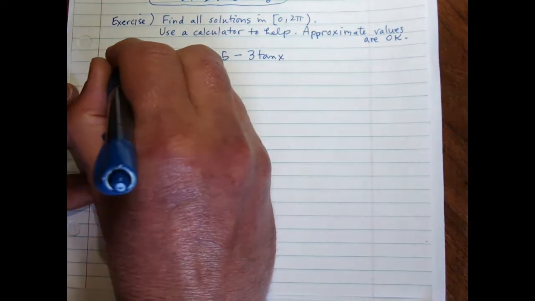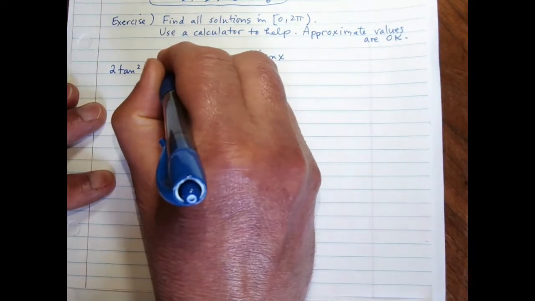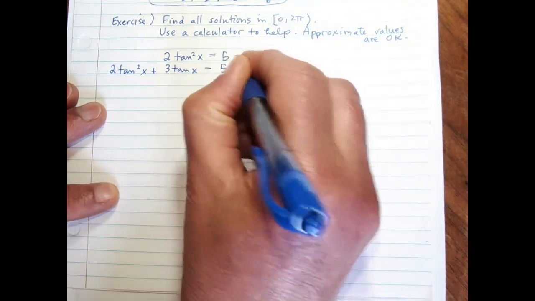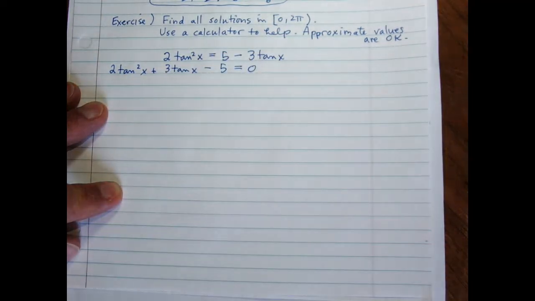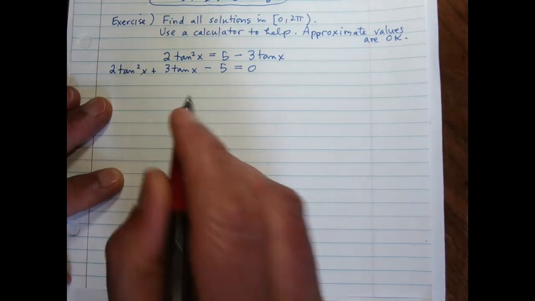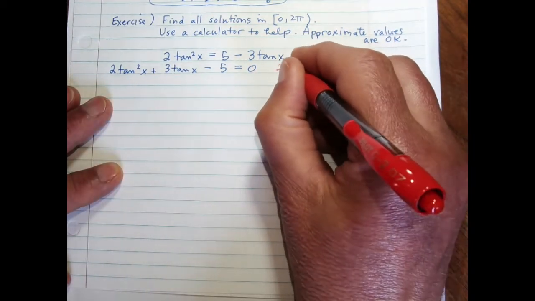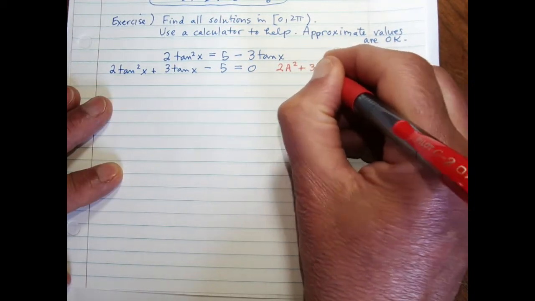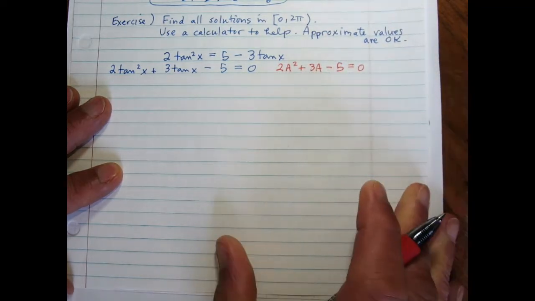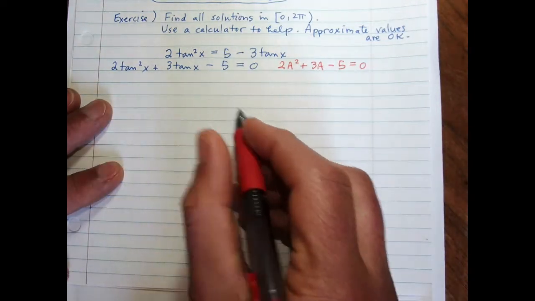I can write this as 2 tan squared x plus 3 tan x minus 5 equals 0. And that is a quadratic in tangent. It could possibly be factored. If it helps, you can think of it as 2a squared plus 3a minus 5 equals 0. If you can solve that quadratic, you can solve this trig equation.